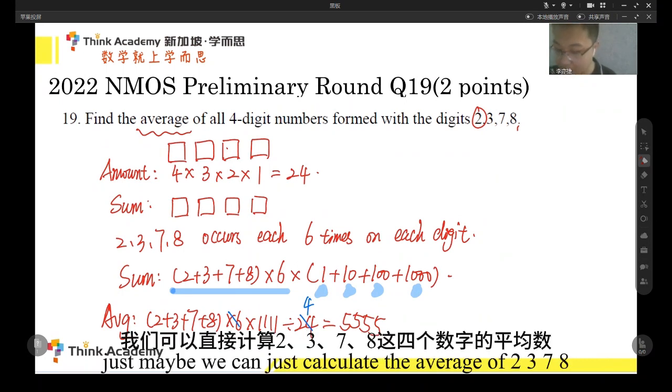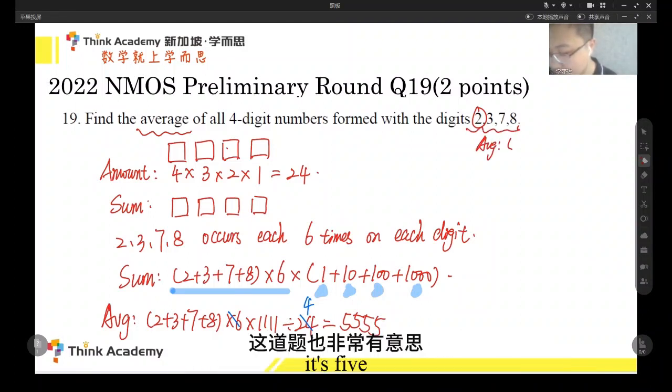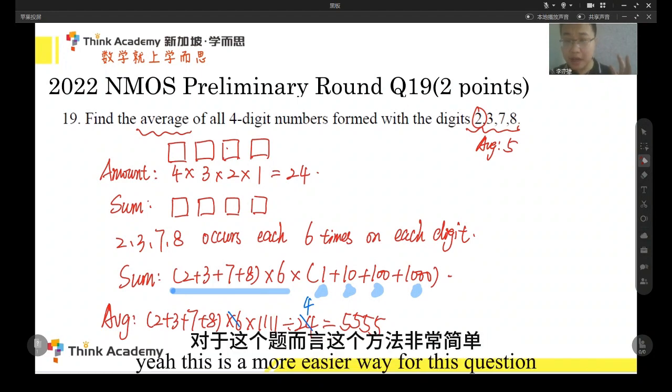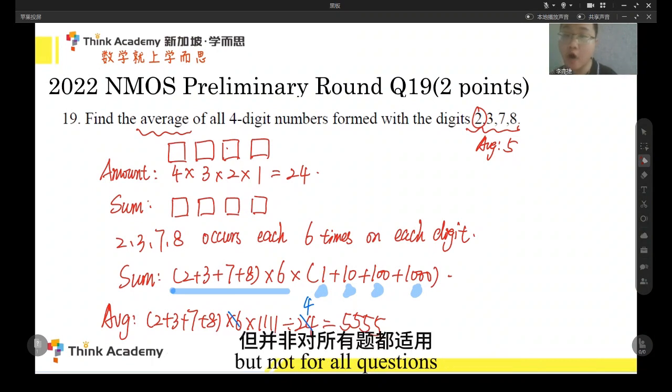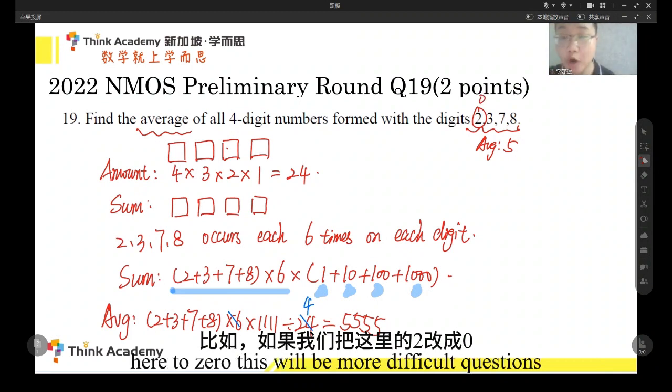We can just calculate the average of 2, 3, 7, 8, and the average of these 4 is 5. So the average of all numbers will have 5s on each digit. Yeah, this is an easier way for this question, but not for all questions. For example, if we change the 2 here to 0, this will be a more difficult question.